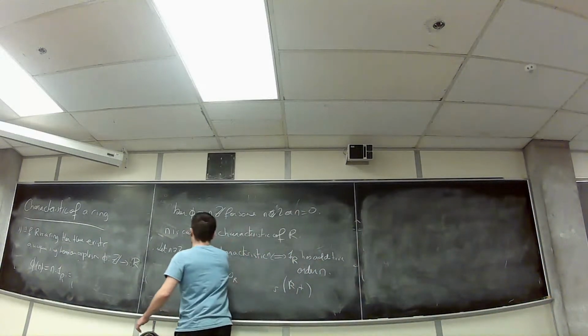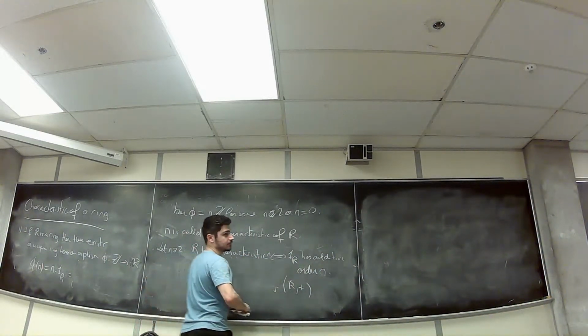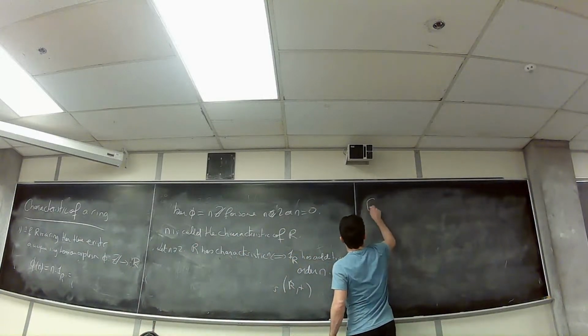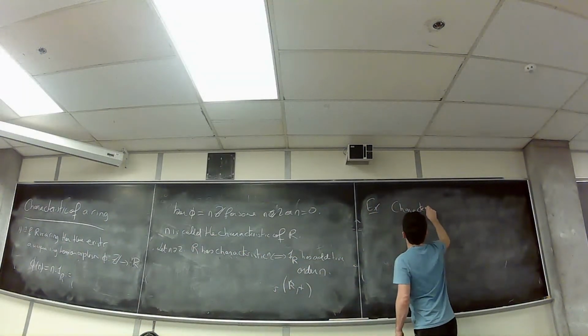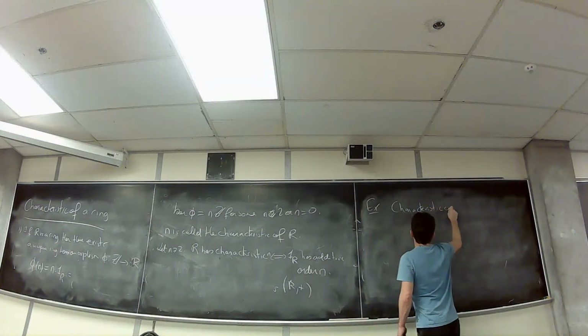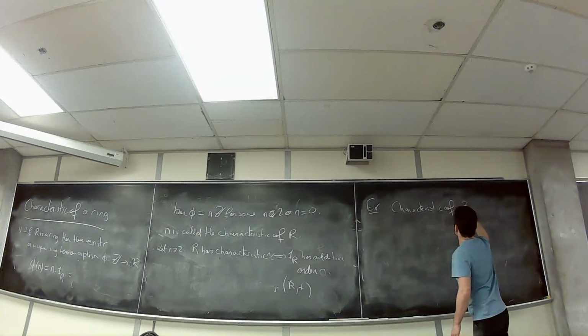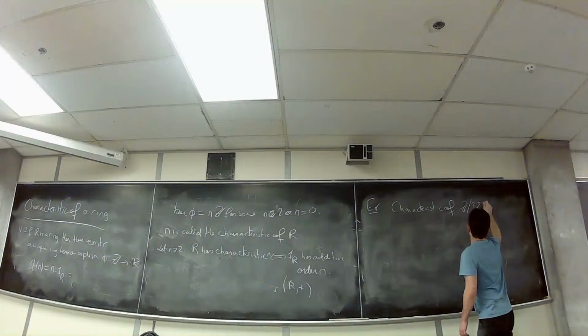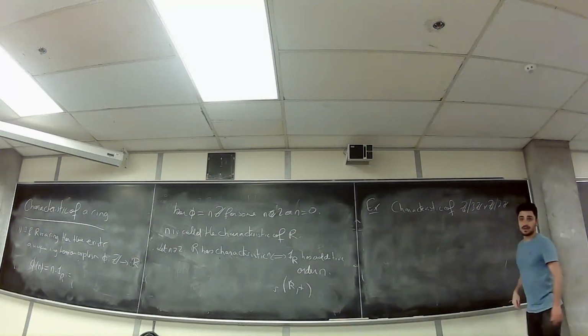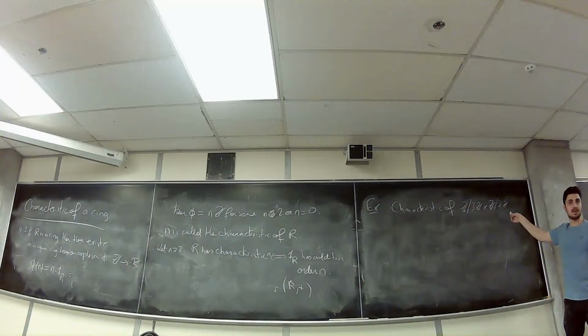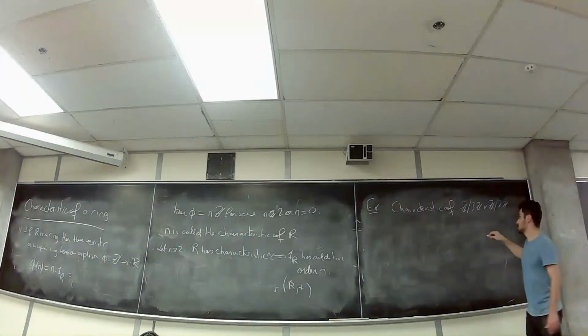Okay, great. This is the first theorem on characteristic you have to know, and then you have to show examples. For example, the characteristic of Z3 cross Z2, the product ring. What's the characteristic of this? It's the additive order of the multiplicative identity. What's the multiplicative identity in here?